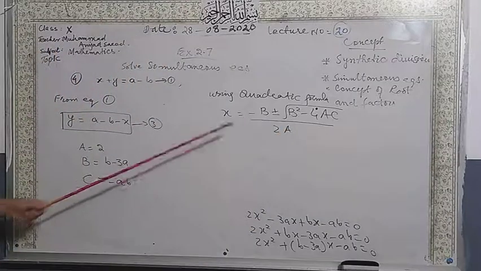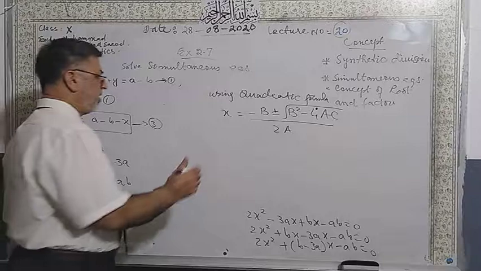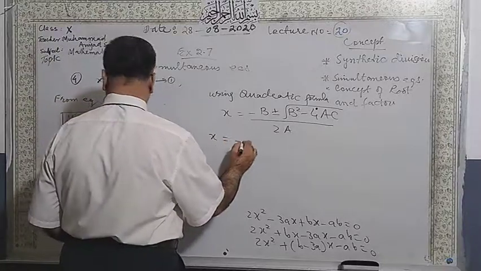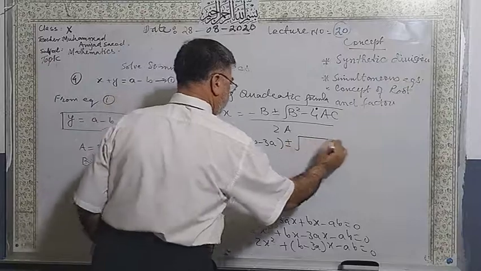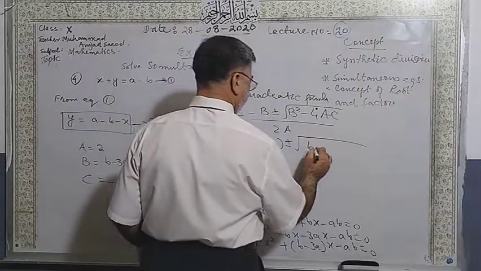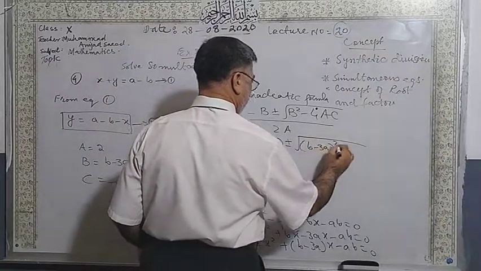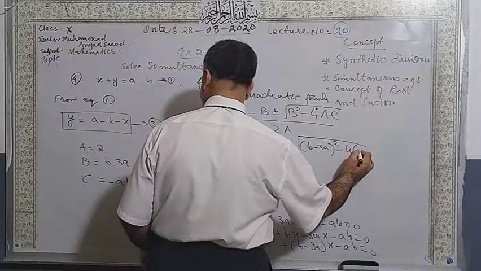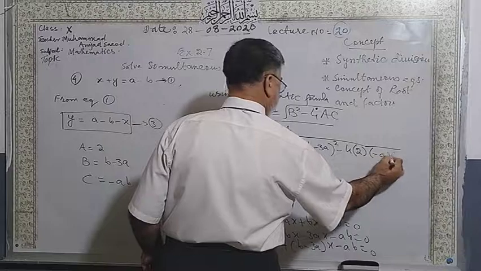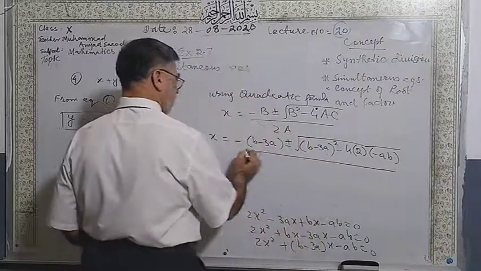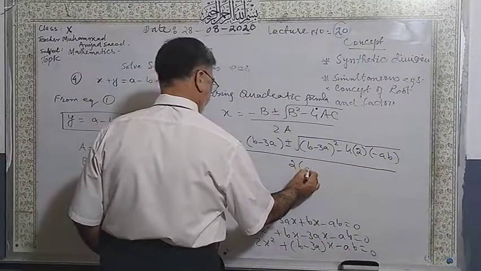Using these values here, x is equal to minus (b minus 3a) plus minus square root of (b minus 3a) whole square, minus 4 into a is 2 and c is minus ab, whole divided by 2 into a, that is 2.